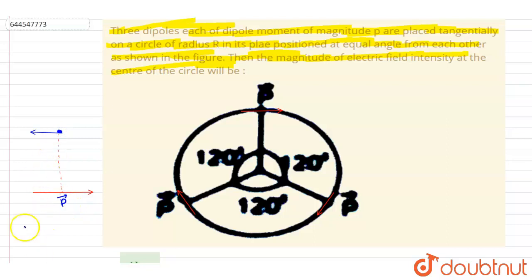This end will have negative charge and this end will have positive charge, so one will apply a force towards the point and the other will apply an electric field away from the point. So from the symmetry you will get the field direction anti-parallel to the dipole.